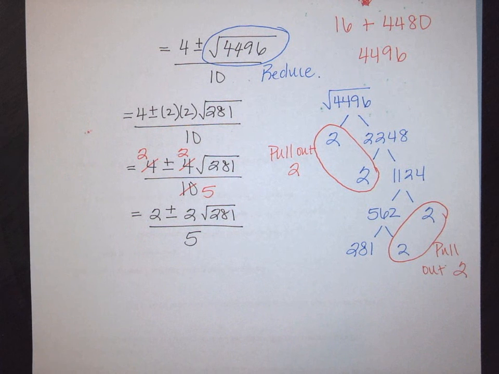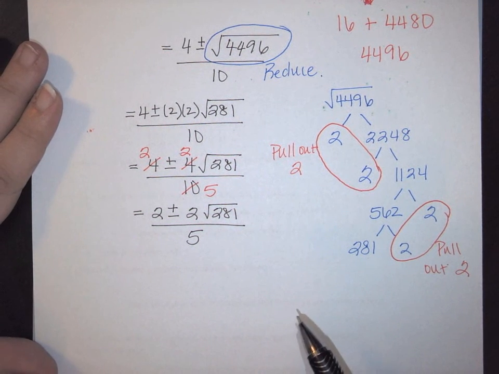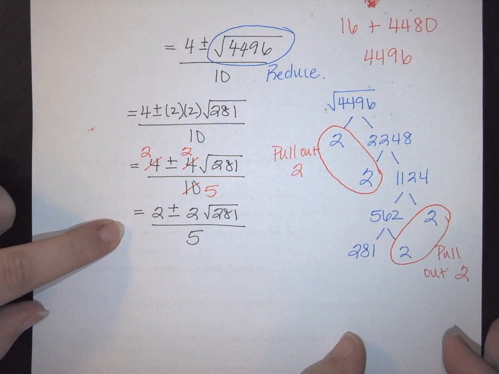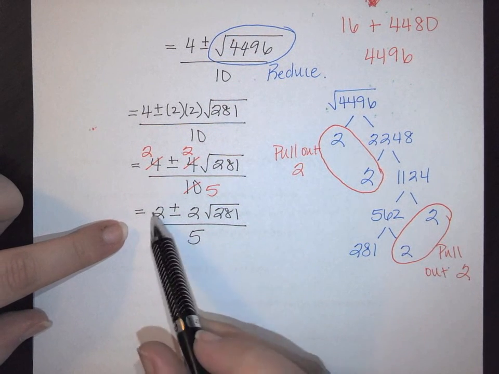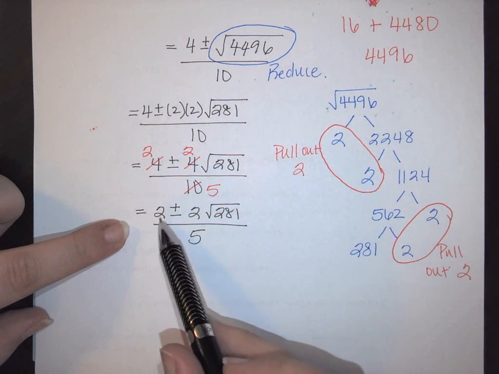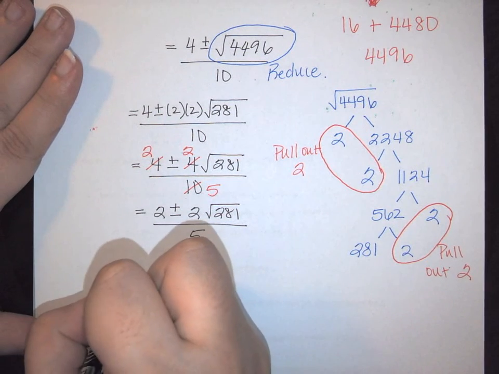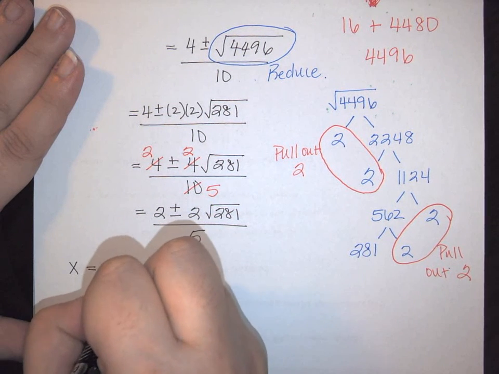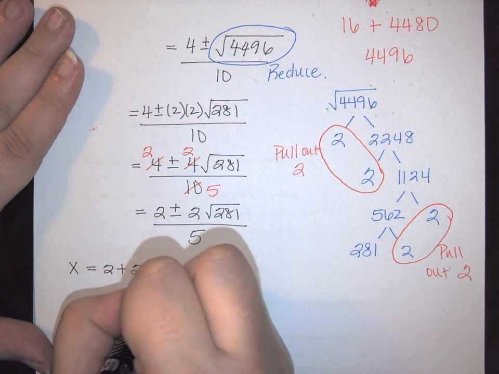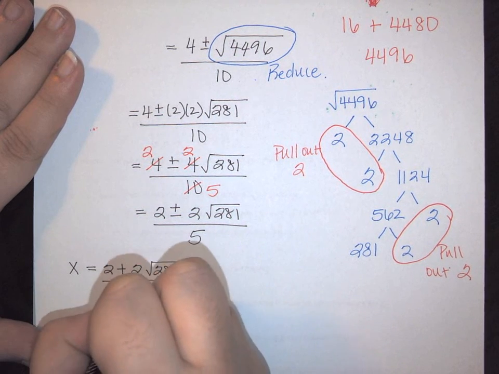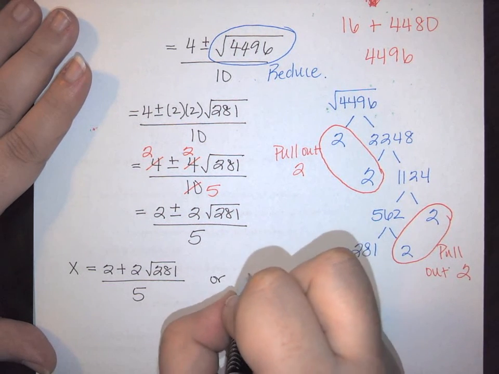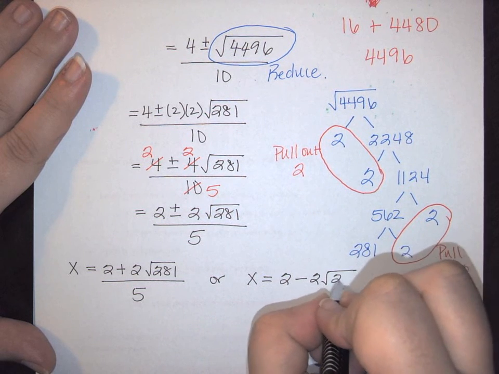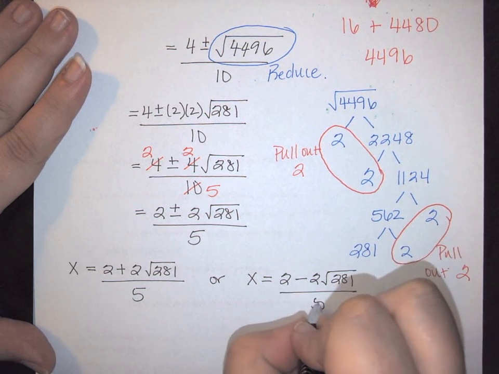Now at this point, what I have just started solving for is the width. This is where you want to figure out which value you're using. If you remember, this tells us that we have x equals 2 plus 2 square roots of 281 all over 5, or x equals 2 minus 2 square roots of 281 all over 5.